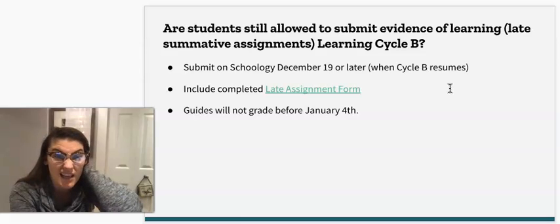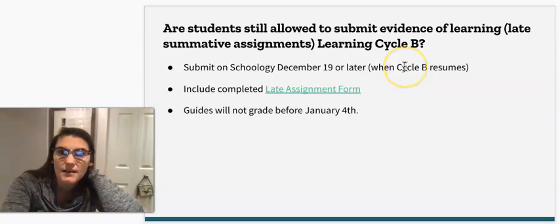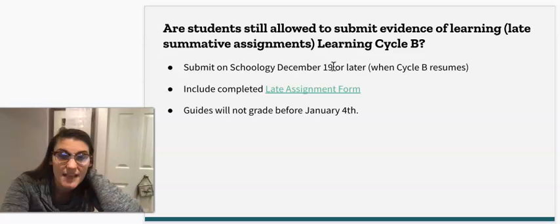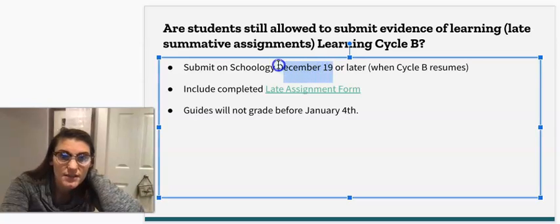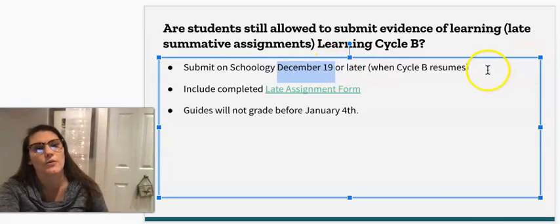If it's going to be a day late, talk to your guide. But if it's after the 10th, you should submit it to Schoology on December 19th and use this late assignment form. It could also be any day before January 4th.